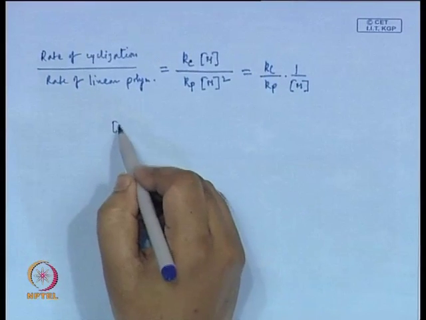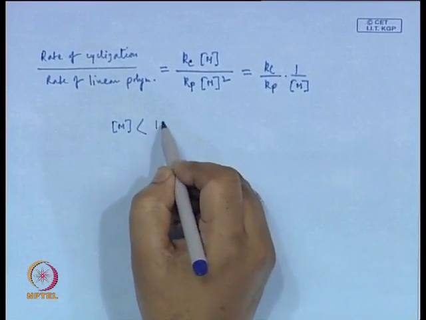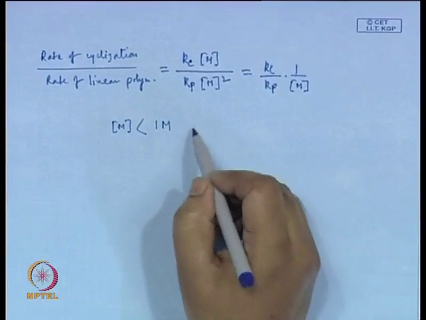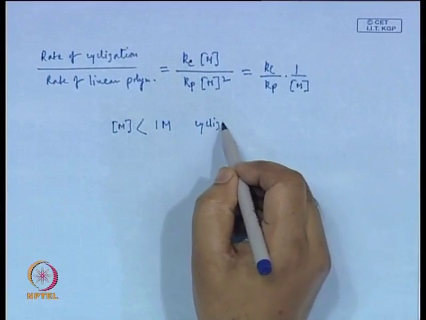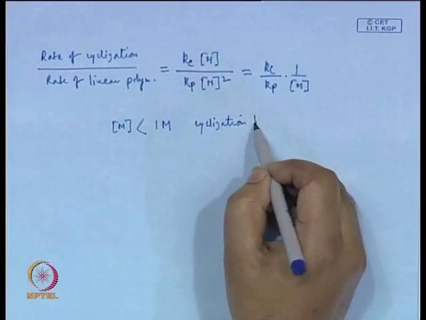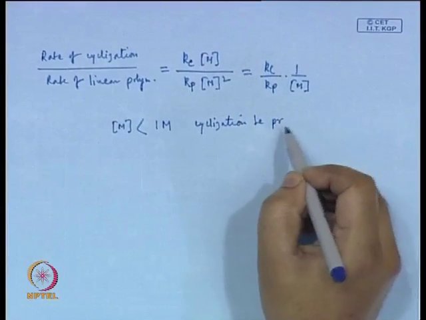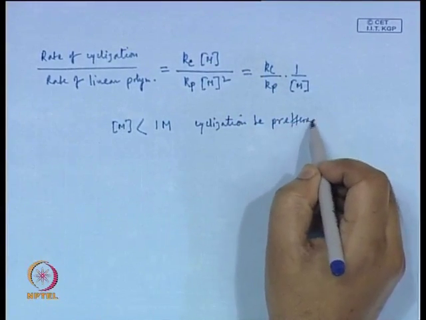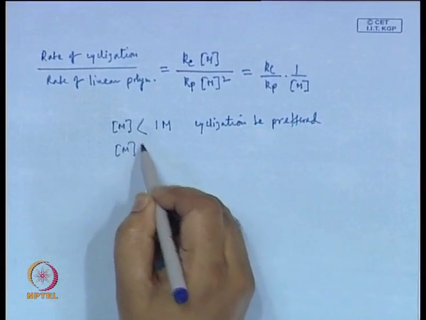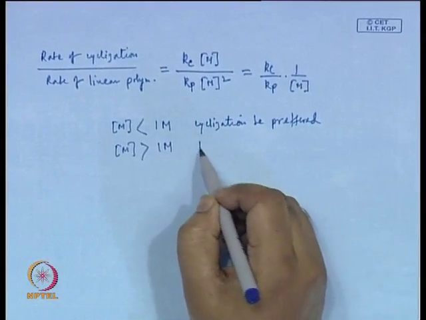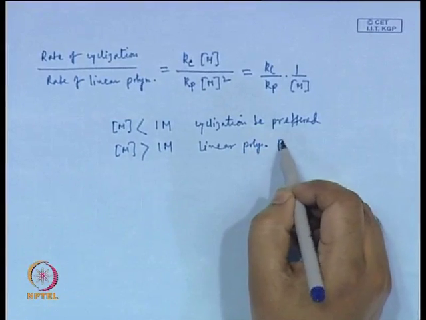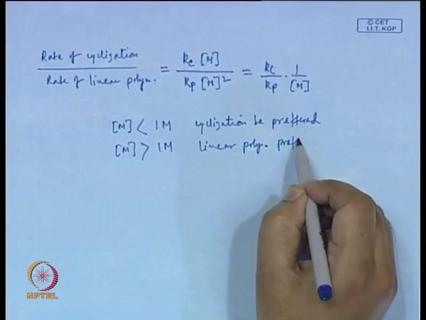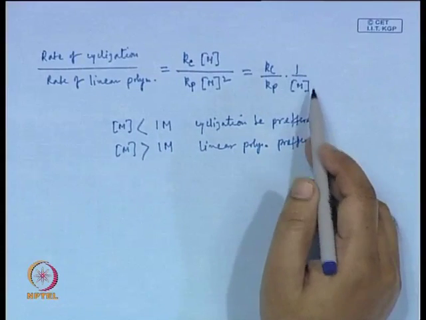Now, as long as M is less than 1 molar, cyclization will be preferred. If M is higher than 1 molar, then linear polymerization will be preferred, as you can see from this expression.